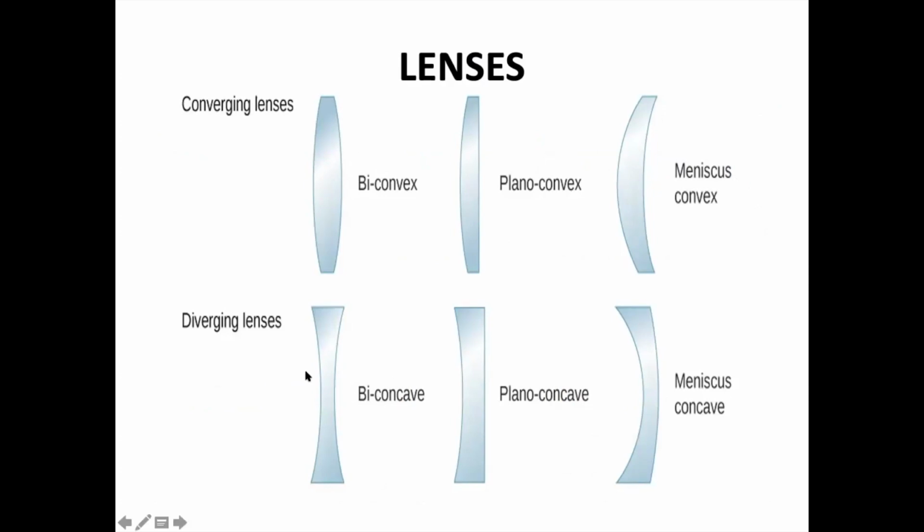Okay, they are opposite to each other. Biconcave means both the sides are curved inside, and biconvex means both the sides are curved outside. Plano-convex means only one side is curved. A plano-concave means one side is curved inside. Okay, fine.